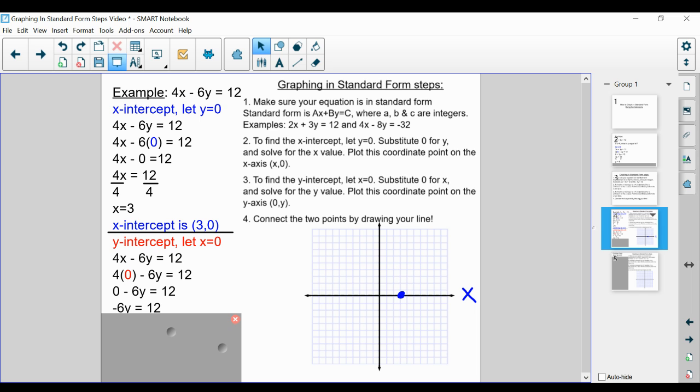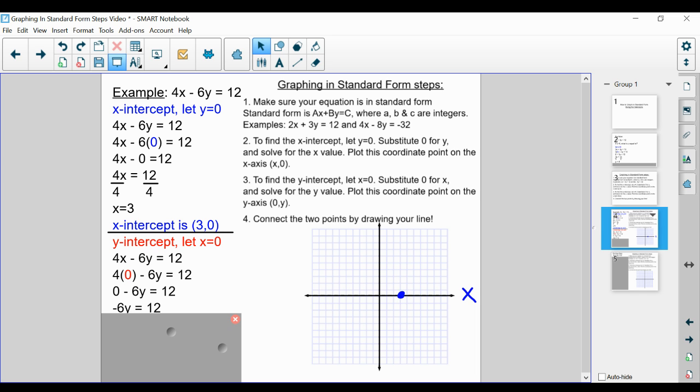The term is negative 6y. So you need to make sure you include the negative. It is not positive 6y. It is negative 6y because 0 minus 6y is negative 6y. It's essentially saying, what's 0 minus 6? Negative 6, not positive 6.